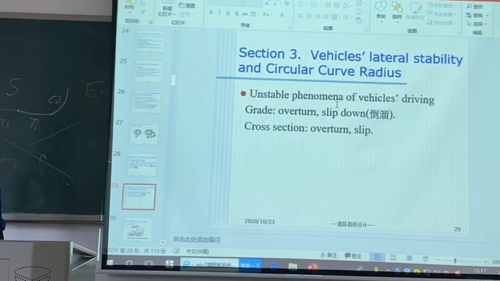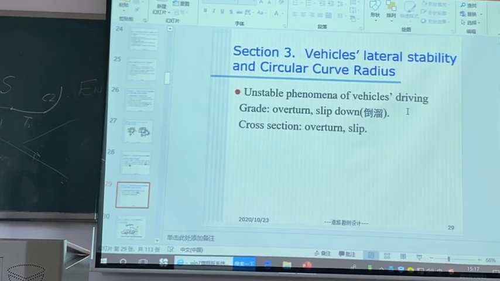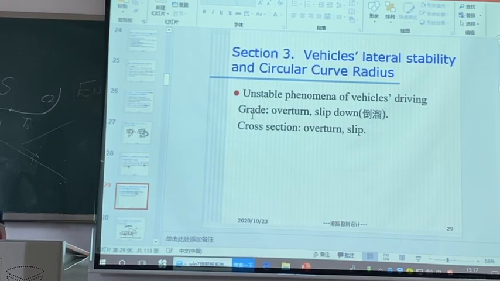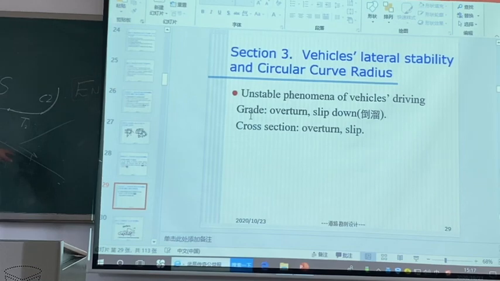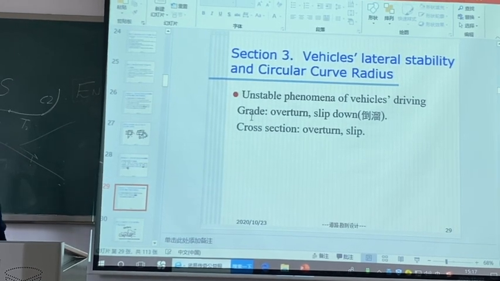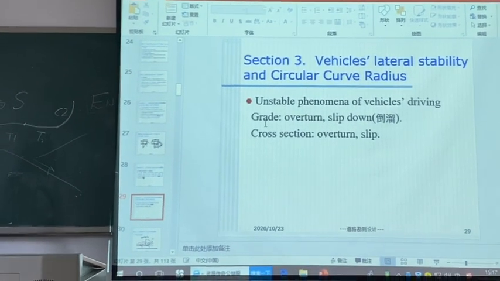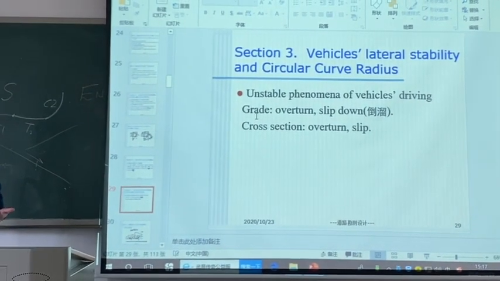Unstable phenomena of vehicles driving on the longitudinal grade or longitudinal slope are overtake and slip down.